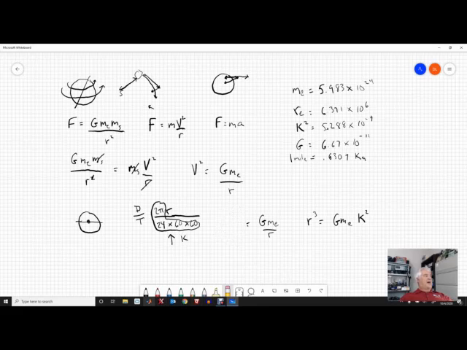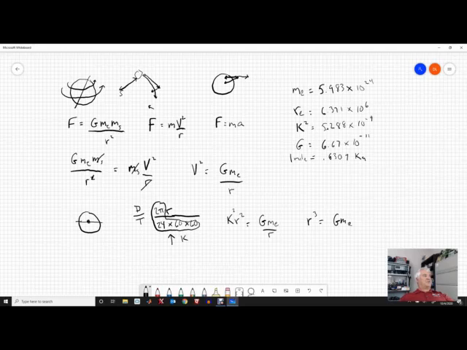To correct that, we have to do k r squared. You can see I've computed k squared up here. So this whole thing gets changed as well, and the k would be squared as well.